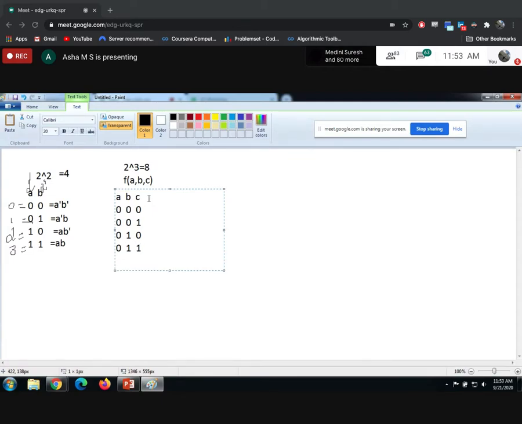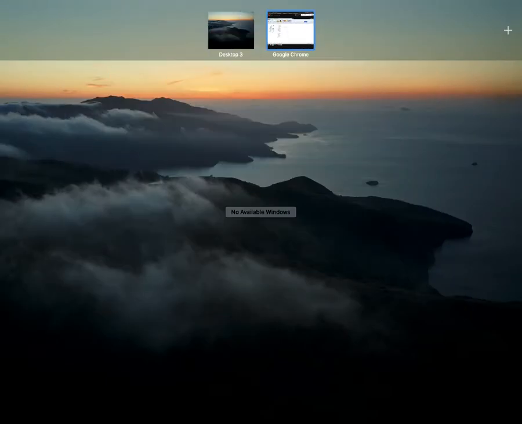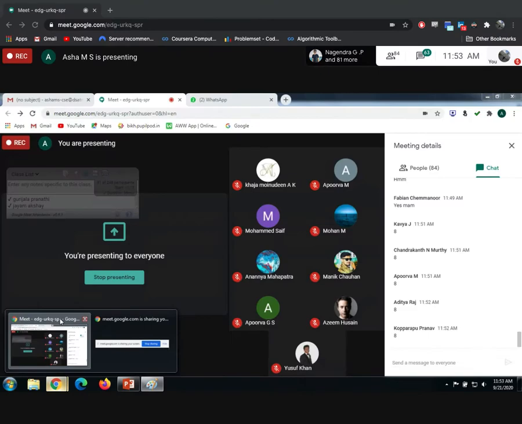Next combination is 1 0 0. Next 1 0 1. Next combination is 1 1 0. Next combination is 1 1 1. Is it correct? What I have written?